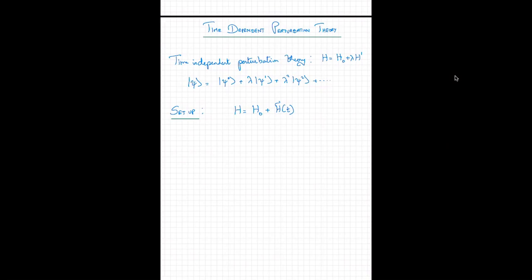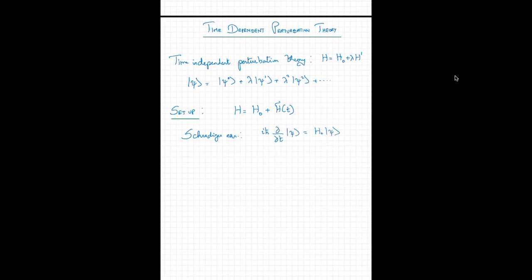Now, remember that this throws a monkey wrench into the whole business, because of the way we solved the Schrodinger equation. Remember when we wrote down the Schrodinger equation for the time-independent part, how did we write it down? We said i h bar d/dt of psi is H0 psi, right?